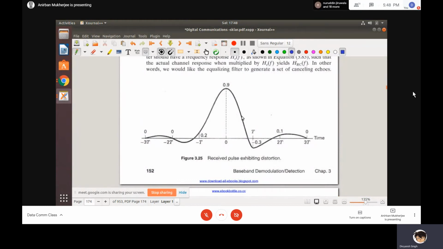This is my equalizer, H_E, then I have H_R, then this is H_T, H channel, then this is the H_T.